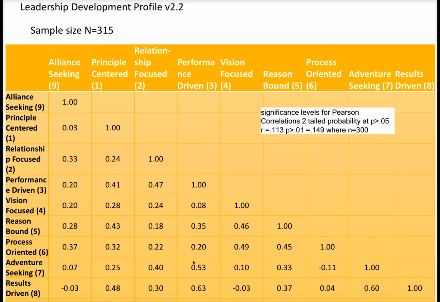This is based, incidentally, on a sample of about 300 people who took the test, so the n equals 300.